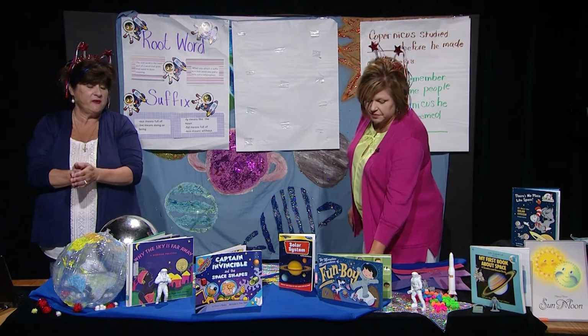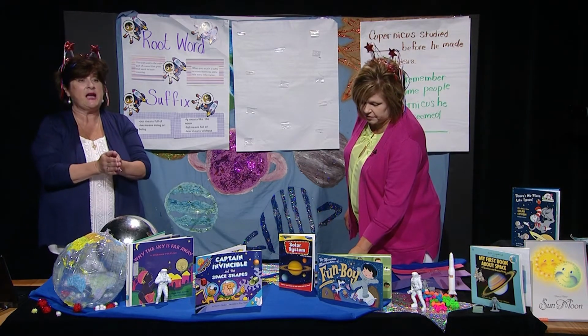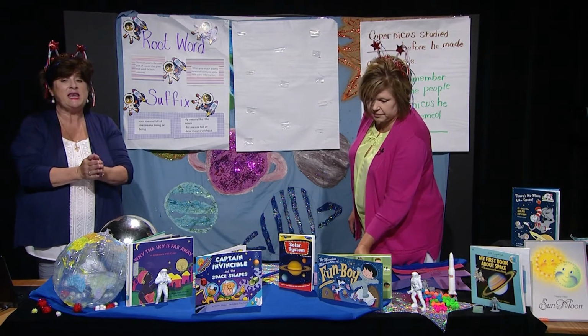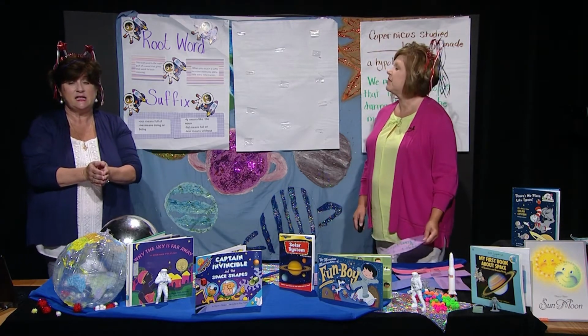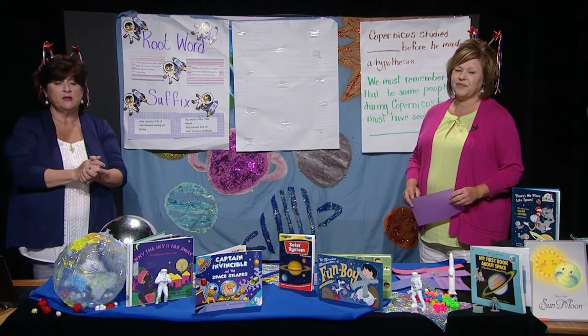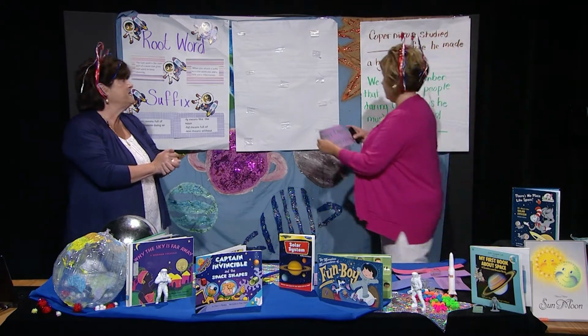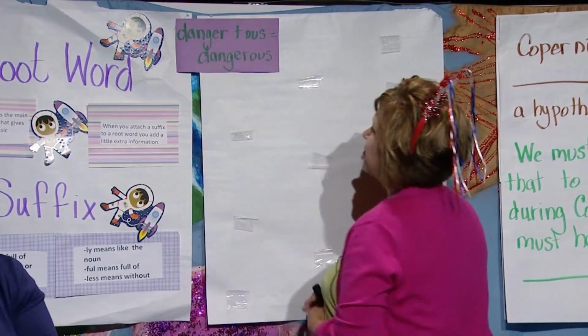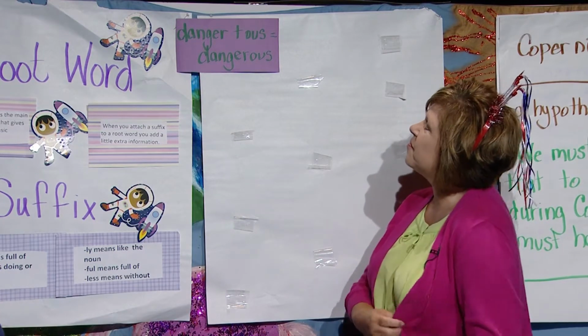These are all suffixes: OUS, IVE, LY, FUL, and LESS. Let's look at this word. Captain Melissa has them ready for you. The word is danger. Danger means the chance that something bad will happen.